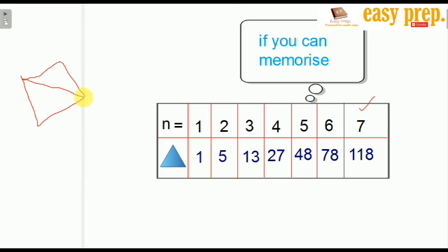Okay, like see, this is the one triangle, second, third, fourth. Okay, like these kind of figures, friends. So we'll be covering this type of figures in our part 2 of counting of triangles.